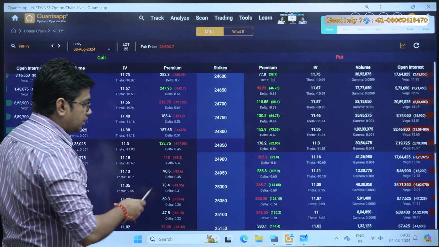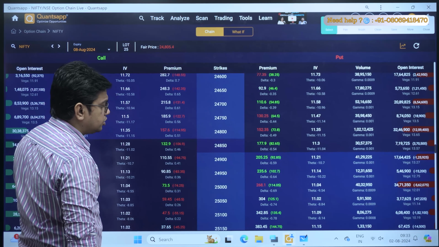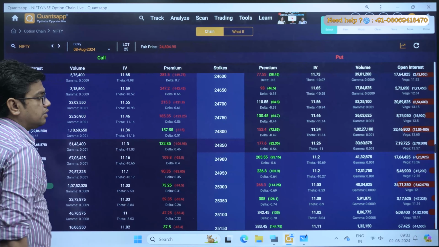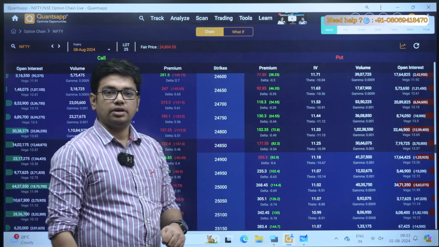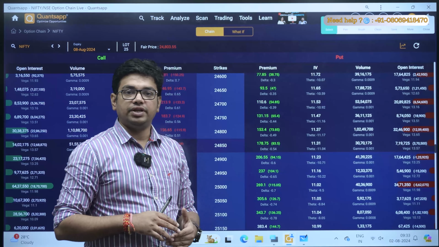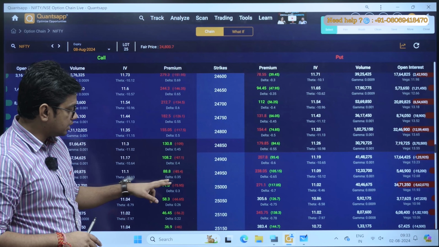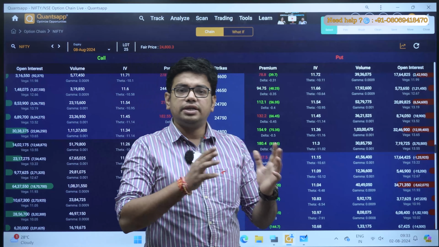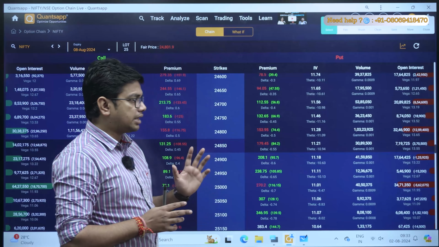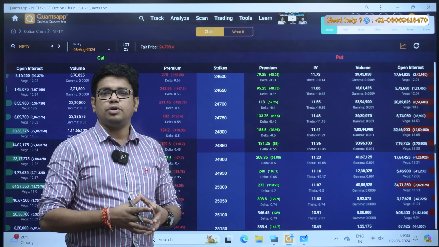But you can see here the delta is 0.3, and here the delta is 0.46. That means if Nifty moves 100 points, it will move 46 points. If you reduce it to 50, it will move 23 points, and where the delta is 0.3, it will move only 17 points. In that case the scalper will be much satisfied, because 17 points is more than enough.